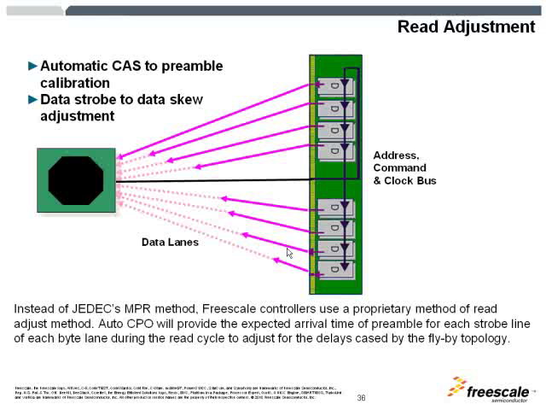So what we do in our controller is we have a timer for each byte lane, denoted by CPO value, whereby we tell the controller when to expect each of these byte lanes to arrive, and hence we compensate for the skew that was introduced based on the flyby topology.